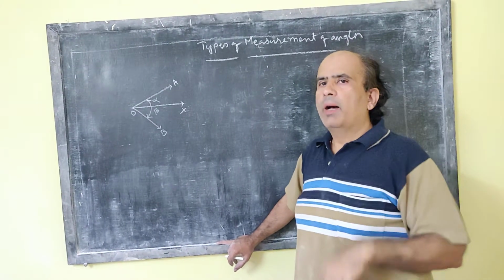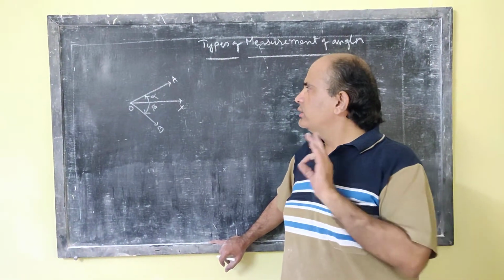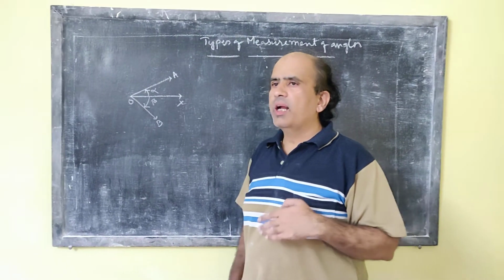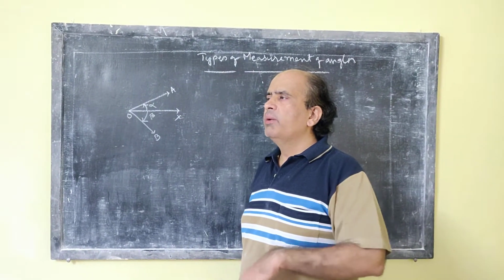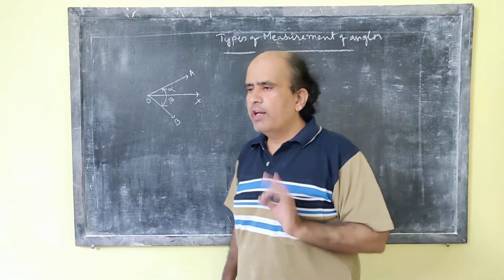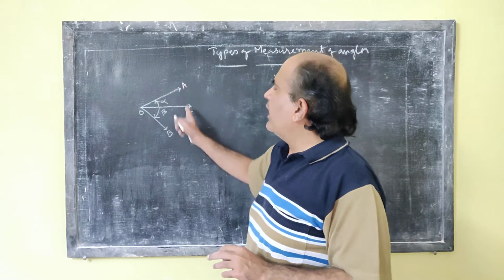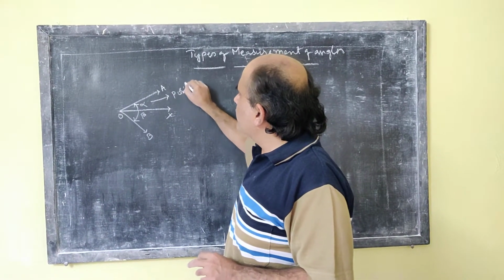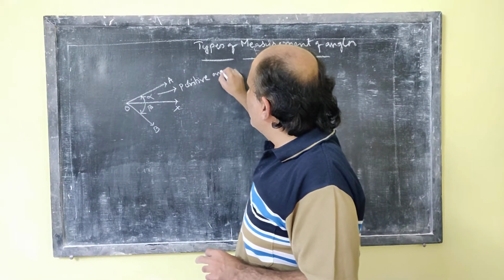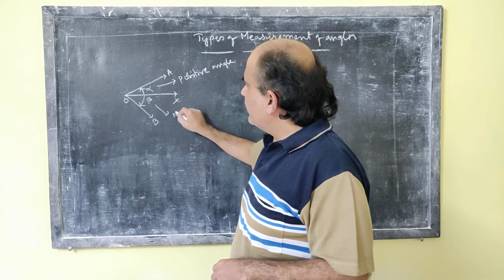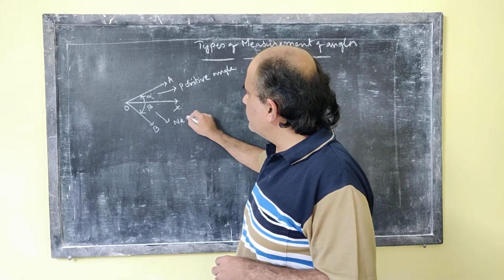This is what you have observed in your school. We observe that the protractor is scaled such that we always move in the anti-clockwise direction. Therefore, moving in the anti-clockwise direction is treated as a positive angle and moving in the clockwise direction is treated as a negative angle.